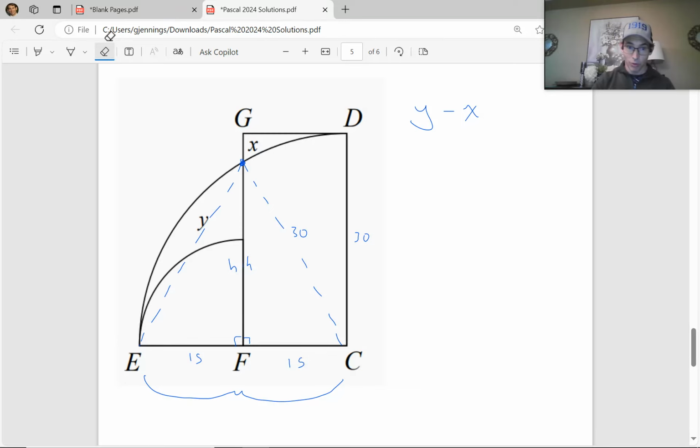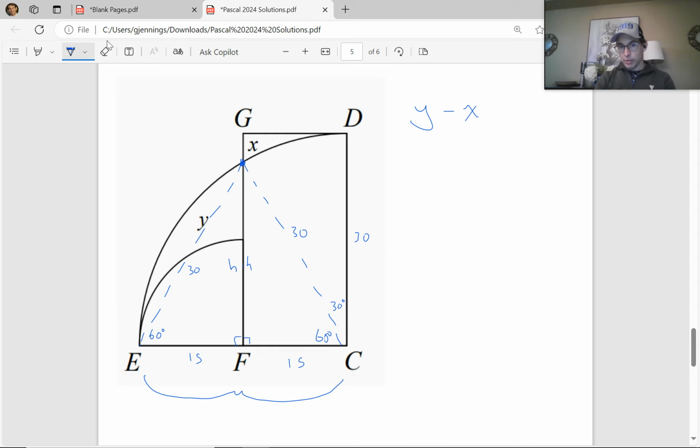Therefore, this triangle is equilateral. That's 30 there as well. This is 30, 30, 30 on the side lengths. So that tells us this is 60 degrees. This is 30 degrees. This is 60 degrees if we ever need that. I don't think we ever need that. And that's important.